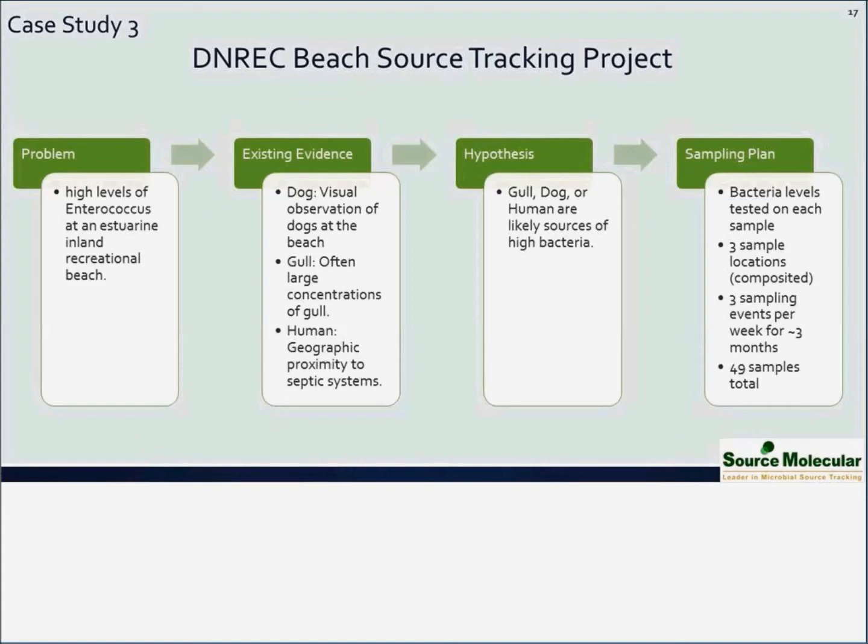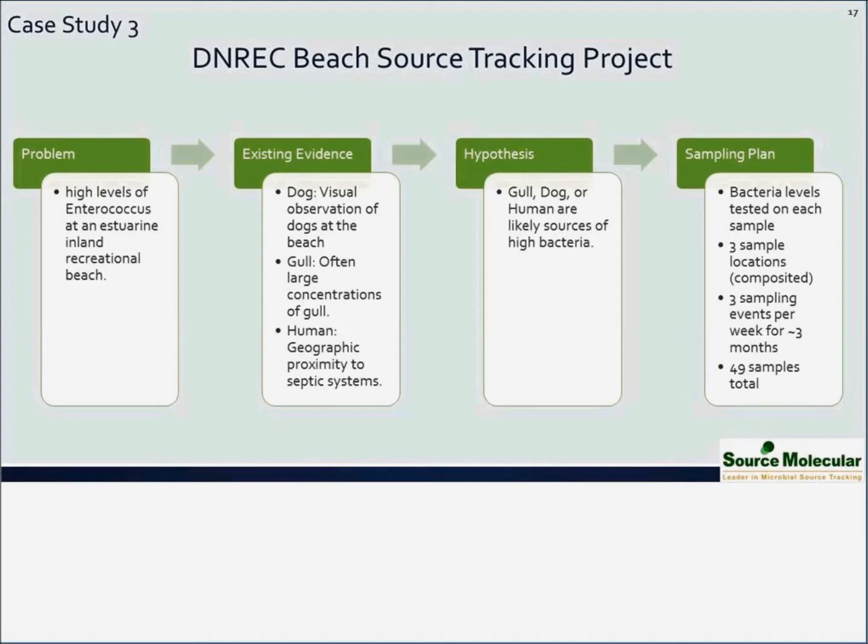So their hypothesis was that gull, dog, or human are likely sources of their high bacteria. Their sampling plan, they went along the water system, found 3 locations where they were finding high levels of bacteria. So they collected 3 samples per week for 3 months.